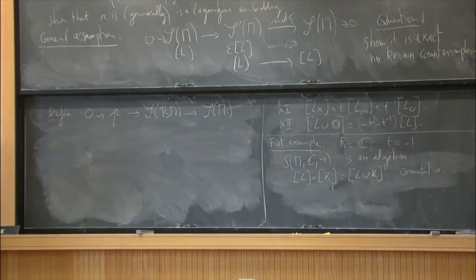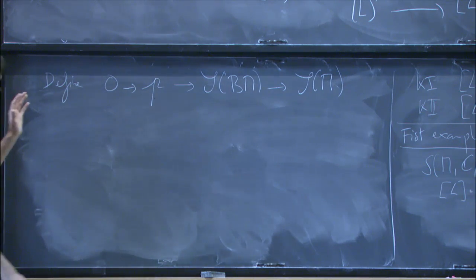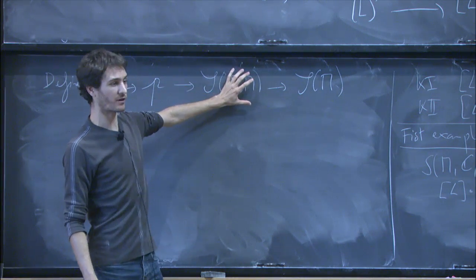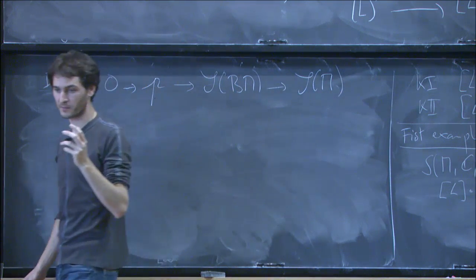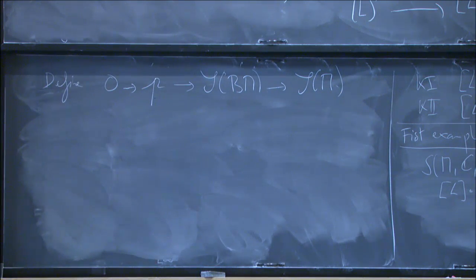P is very important for our purposes. P is exactly the algebra of functions on the character variety of the boundary which vanishes on the character variety of M. So indeed, it's exactly the algebra of functions on the image of the restriction map.